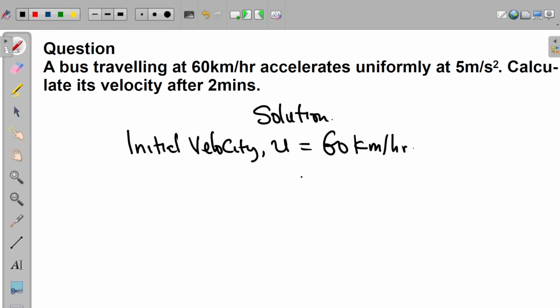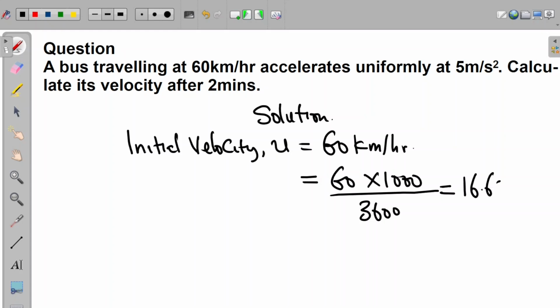So to convert, this will be equal to 60 times 1000, which is in kilometer, divided by 3600. So this can be expressed as 16.67 meters per second.